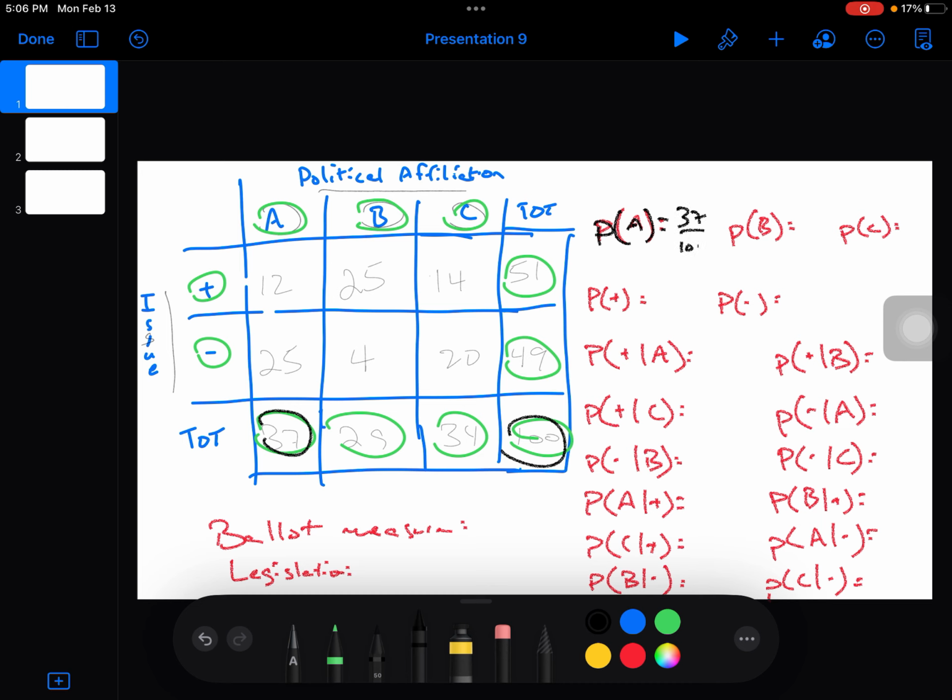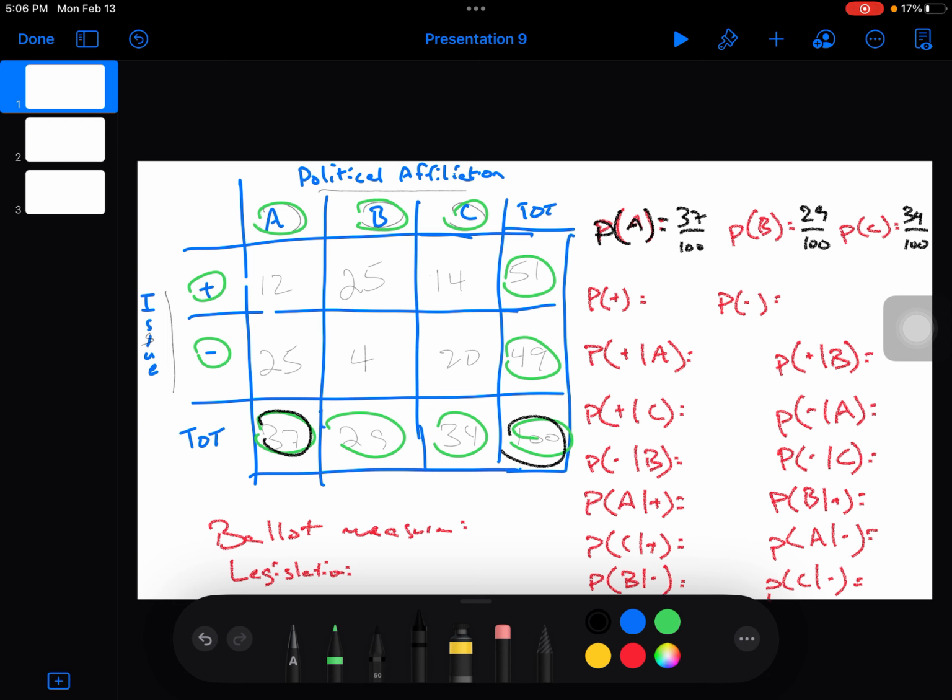It's always part over a whole for probability. Probability of B is 29 over 100, and probability of C, given our data, we would expect a randomly selected person to have roughly a 34% chance of being affiliated with Party C, or that could be no party affiliation or independent.